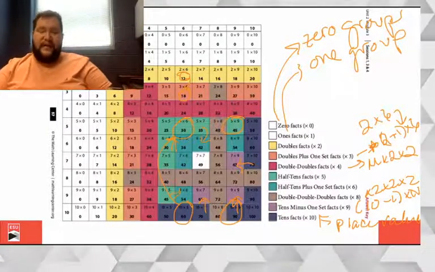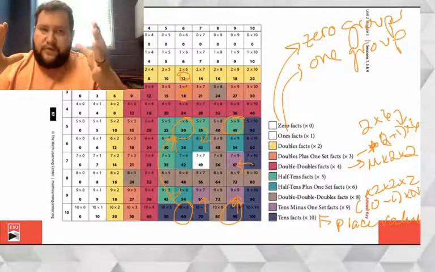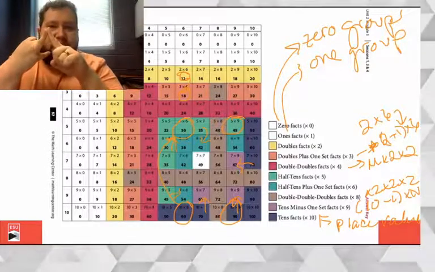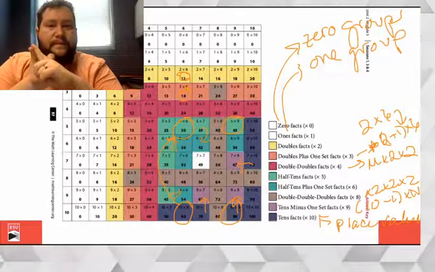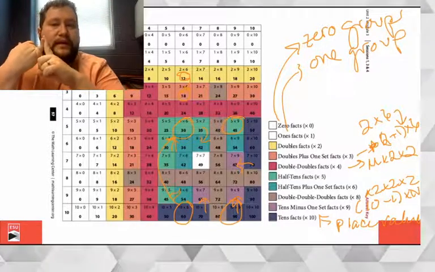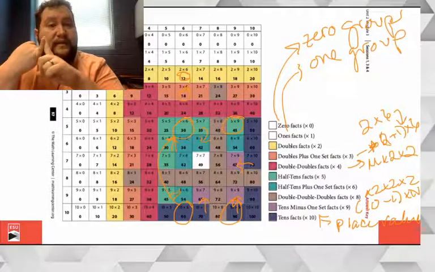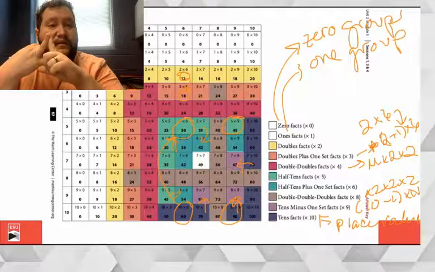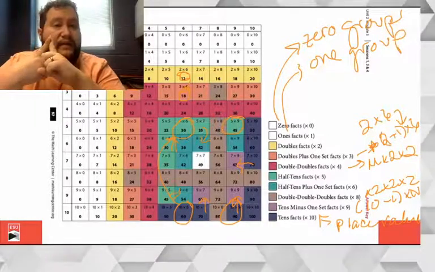So you can see how multiplication now collapses from 121 unique multiplication facts to: anything times 0 is 0, anything times 1 is itself. We can double, double, double. Once we can double, we can do a double plus 1. And then we can do our tens. Once we have tens, we can do our half tens, our half tens plus 1 set, or tens minus 1 set.